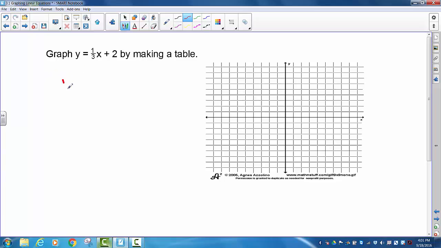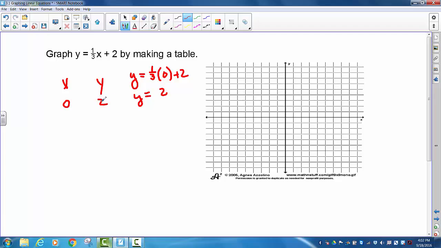So we've got our x coordinate and our y coordinate. It's always easy to start out with x being 0. If x is 0, then y equals 1/3 times 0 plus 2, y equals 2.